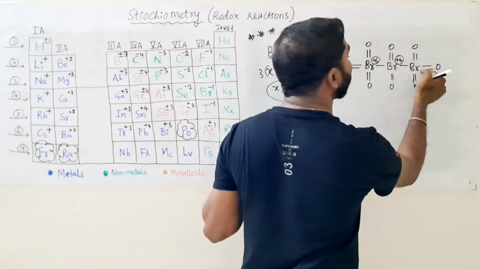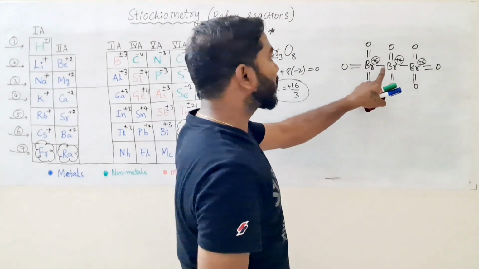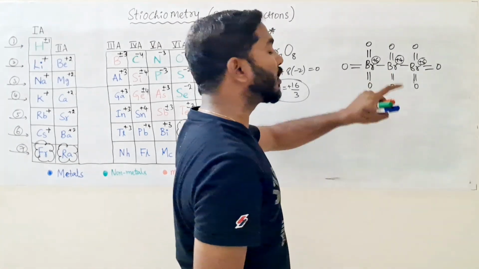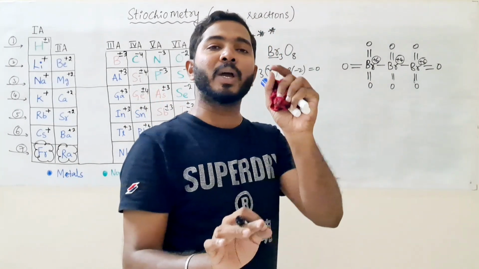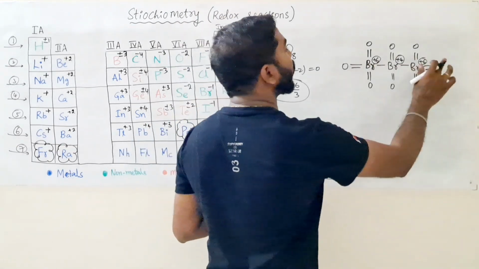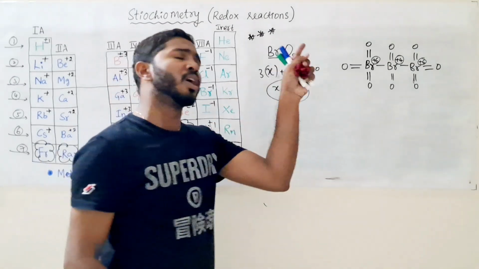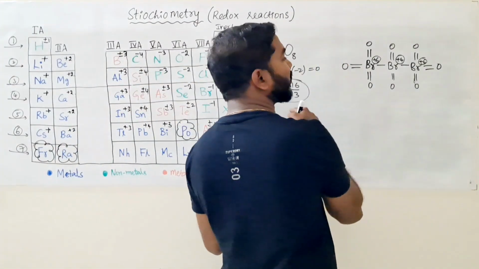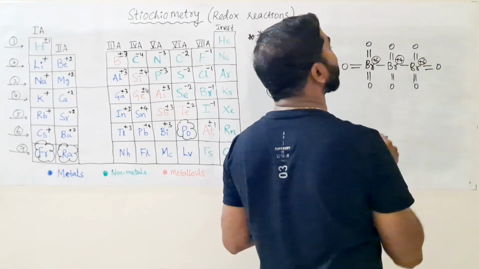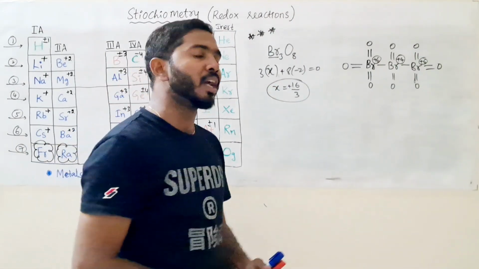Then for this bromine, again these 6 bonds are going to contribute. The bond between 2 similar atoms need not be considered while calculating the oxidation number. So this is going to be plus 6, plus 4 and plus 6. Even if we take the average now, it comes out the same, plus 16 by 3. Individually for each bromine, it is plus 6, plus 4 and plus 6. Any doubts in that? Yes, thank you.